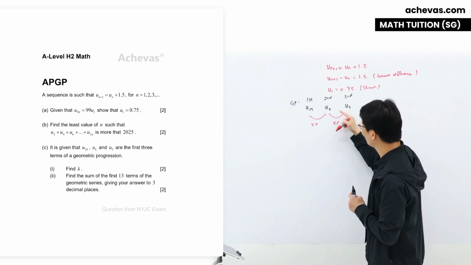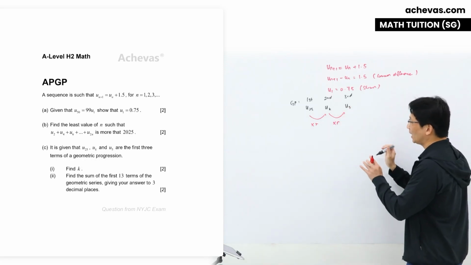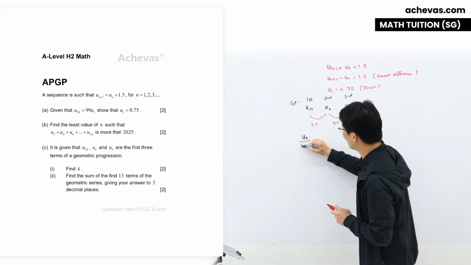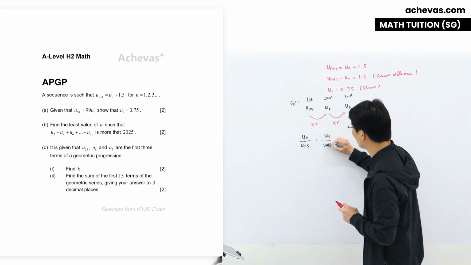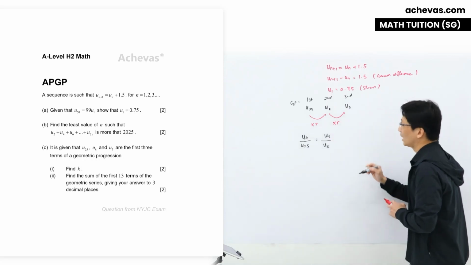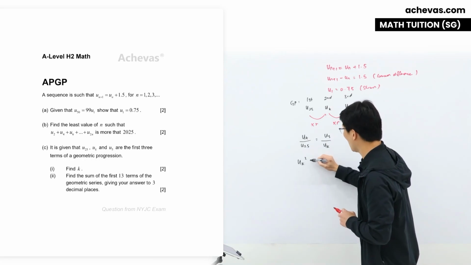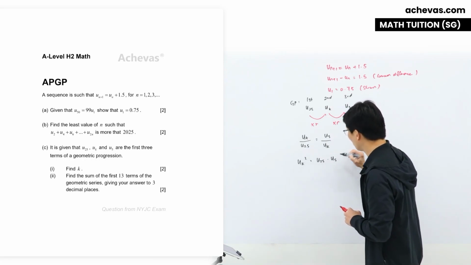Multiply by another r to this, I will get this. So from here, we can formulate an equation saying that Uk divided by U25 is the same as U5 divided by Uk. And I'm going to cross multiply, I'll get Uk squared equal to U25 times U5.